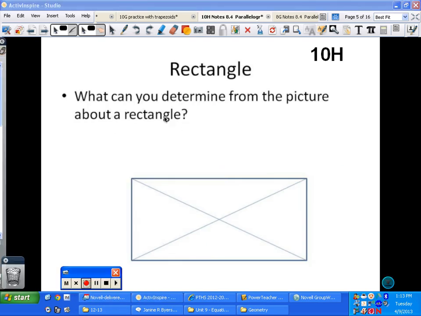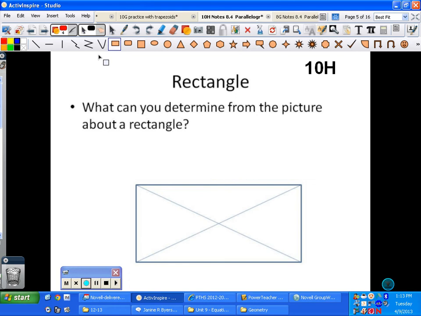So now we're going to label the rectangle with everything that we know to be true about it as far as the angles and the diagonals and everything. So we'll start with the right angle. All four corners, all four angles are right angles. We know that opposite sides of a rectangle are congruent, so we'll label those.